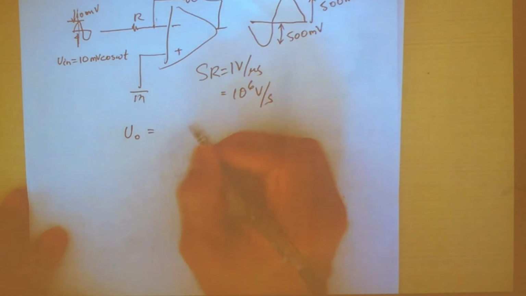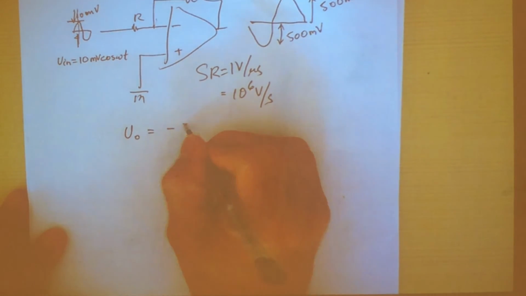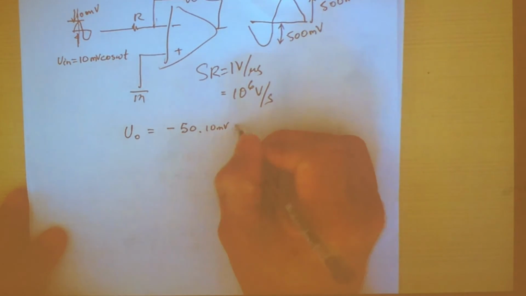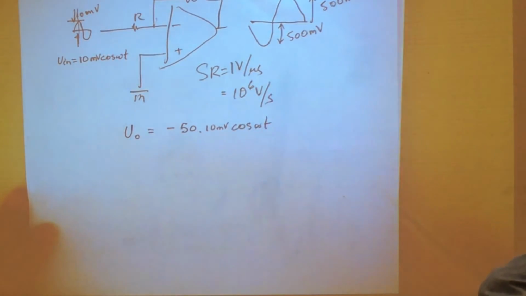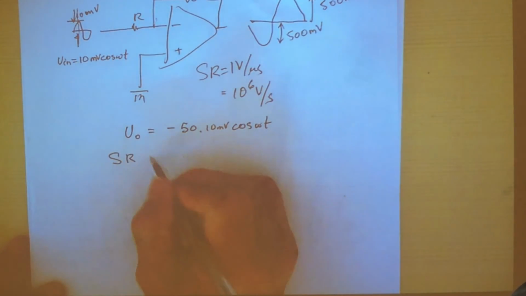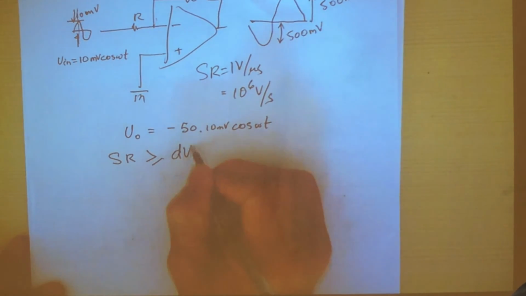I can write my output V out is equal to minus 50 times 10 millivolt cos omega t. So this is my output. And I know that the slew rate must be greater or equal to the maximum rate of change at the output.